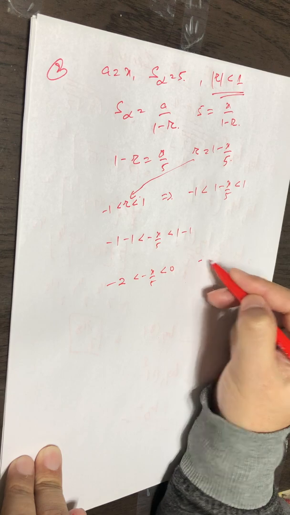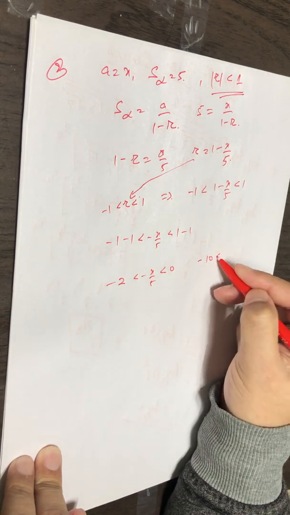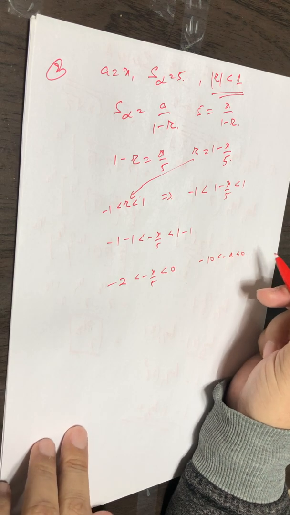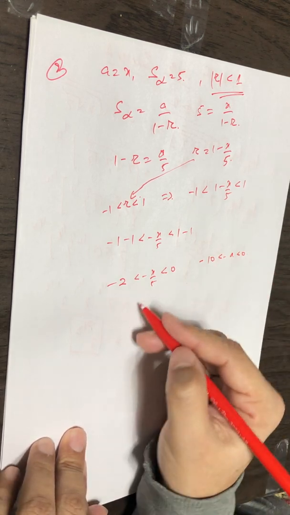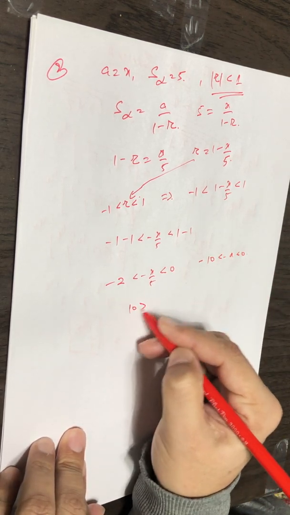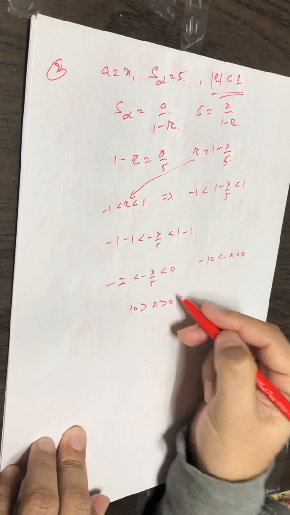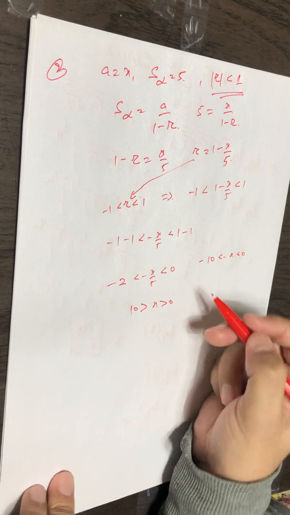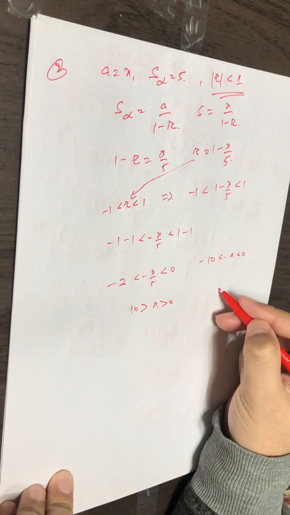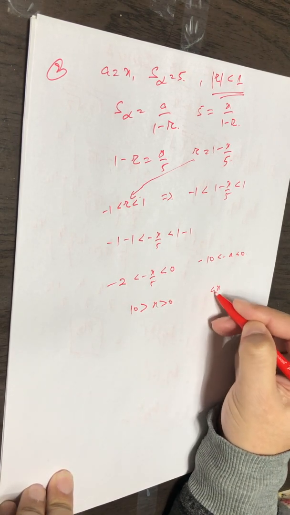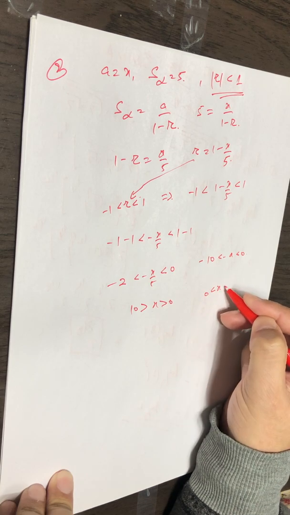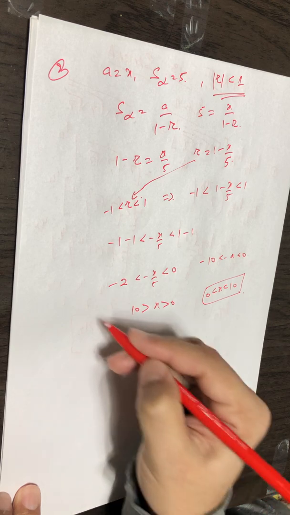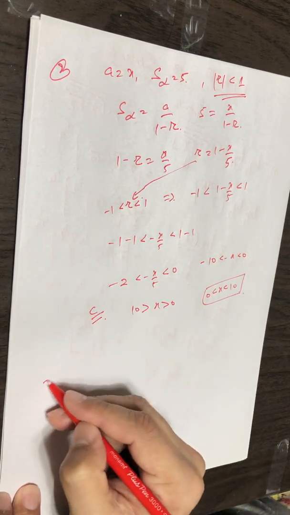If you multiply, it will equal 10, minus x less than 0. If you change the sign, this will be 10 greater than x greater than 0. The same thing can be written as x is greater than 0 but less than 10. This will be the final answer, that is C.